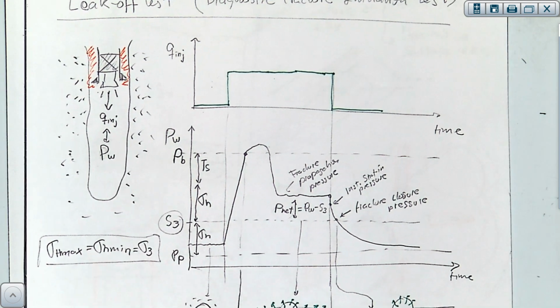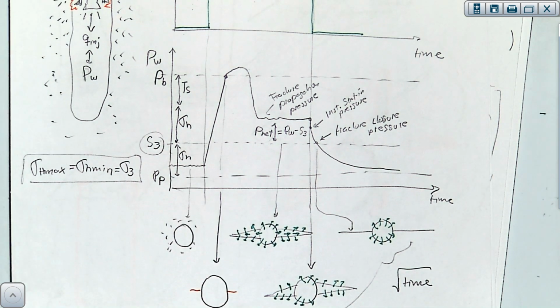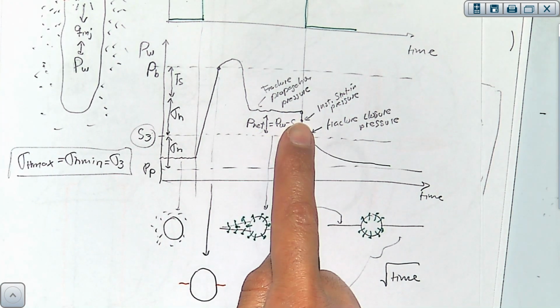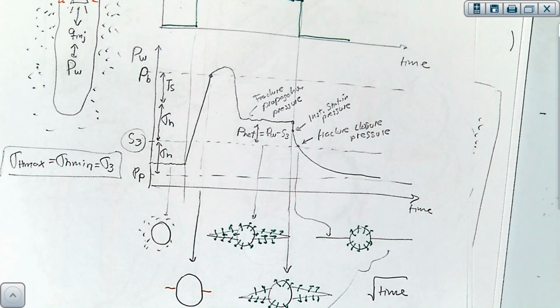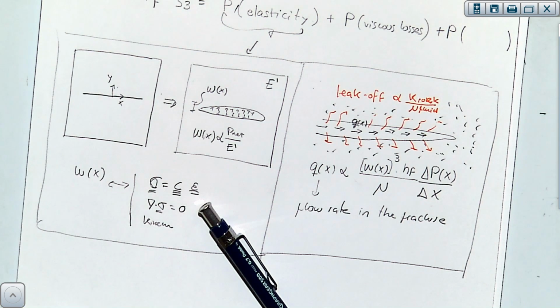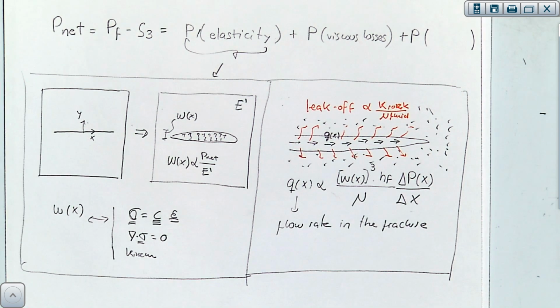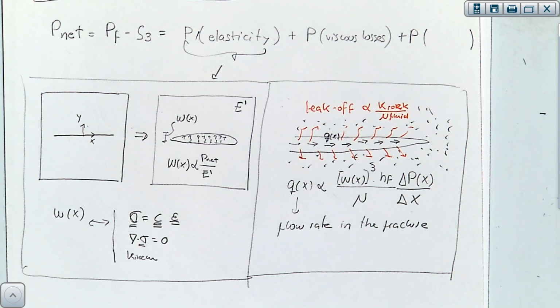We started this talk saying that the rock would fail. As you have fracture propagate, the fracture is going to be breaking the rock unless it's going through a natural fracture, something like that, right? But let's assume this is a rock with no fractures.